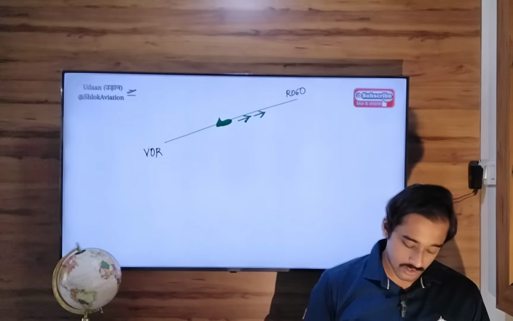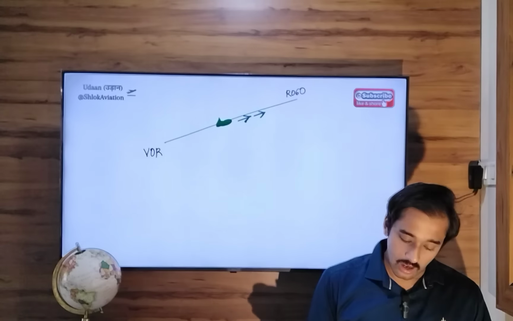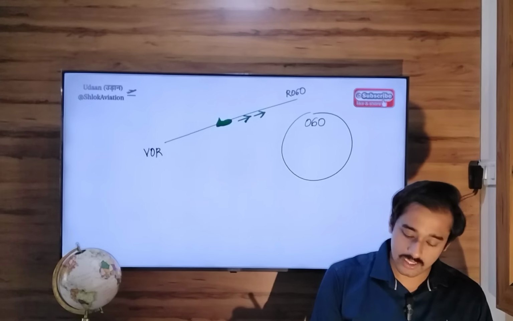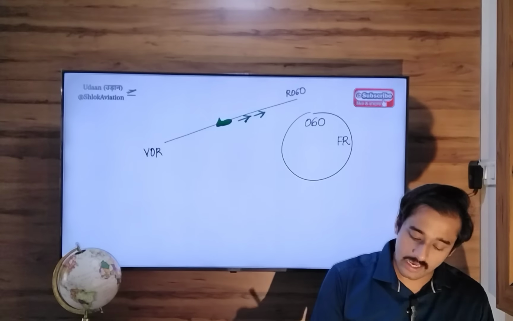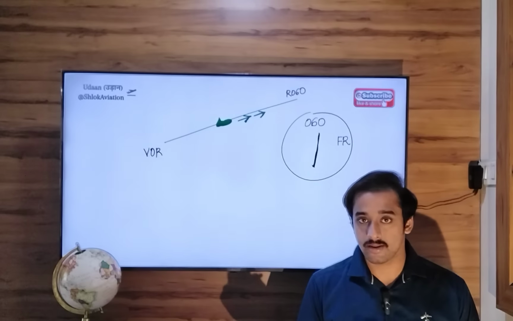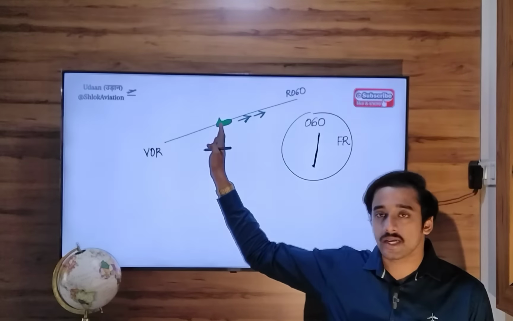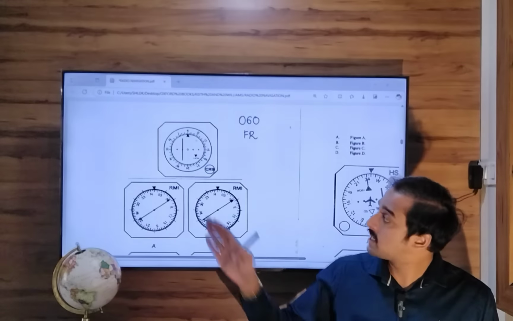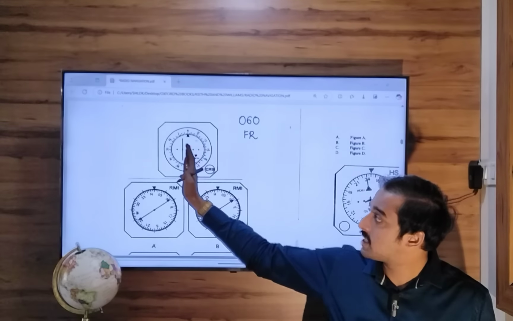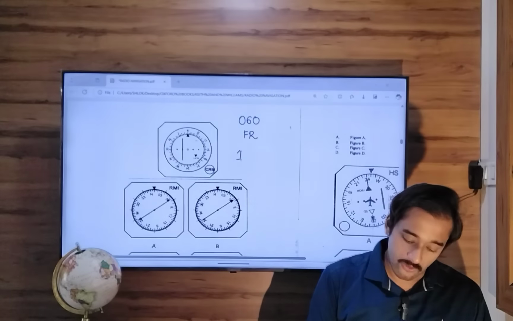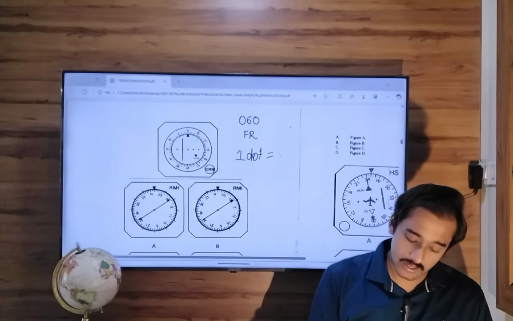With outbound track 060 should be on the OBS. From indication should be there, and the CDI indicator needle should remain in the center if aircraft is on the center of the radial. But in this case, they have told you that the CDI has deflected to the left hand side. One dot left means 5 degrees to the left hand side.